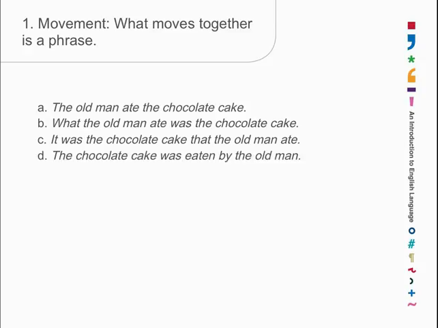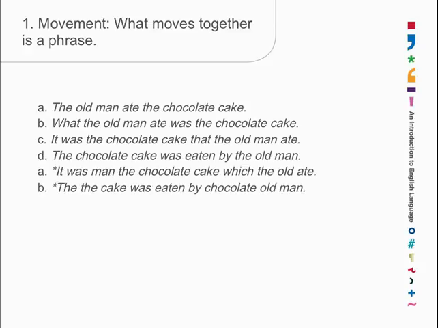But this one, we've done something odd. The chocolate cake is still together, but here we've separated man from the old, and we've got something that's ungrammatical, as indicated by the asterisk at the beginning of the sentence. And here again, the situation's even worse, isn't it? The cake. What kind of a sentence is that? That isn't a sentence where the phrases belong together.